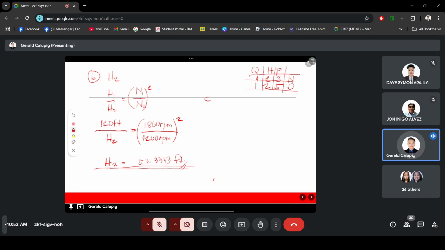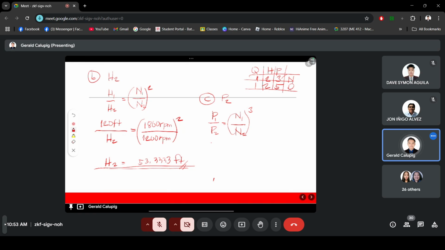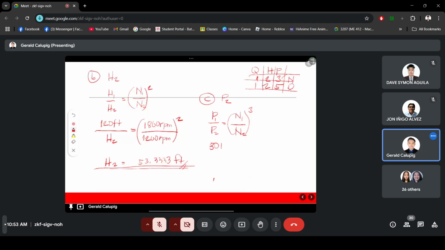Then we have here C, which is what? Power, no? P2. We can have P1 over P2 is equal to what? Anong exponent natin? 3, no? We can have N1 over N2 raised to 3. P1 natin is what? 30 HP. And our P2, right?